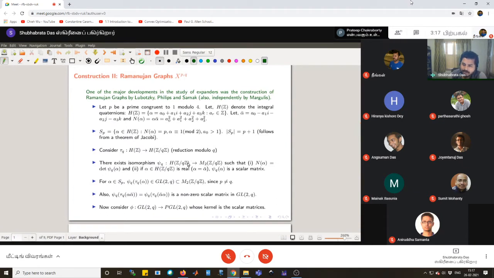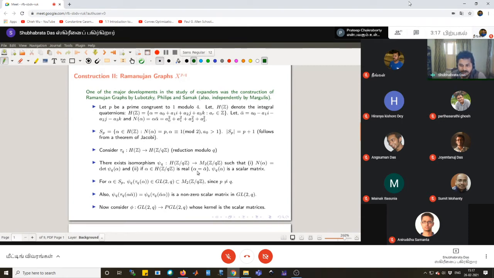We will look at these elements mod Q as 2 by 2 matrices with Z mod QZ entries. So typically they would look like a naught plus a1, then a2 plus a3, something like that, and then the conjugates at the 2 1 position and again at the 2 2 position.